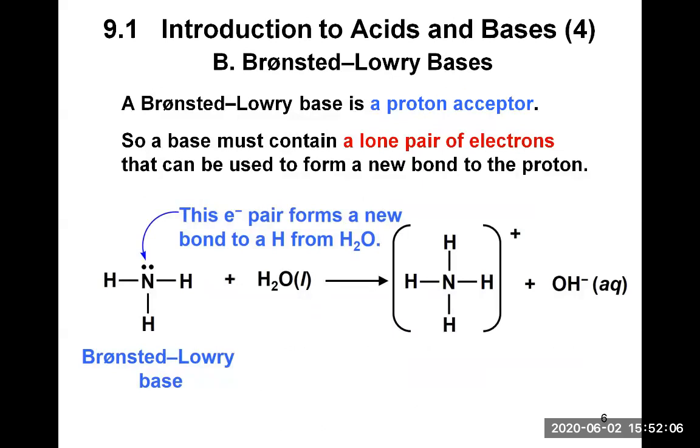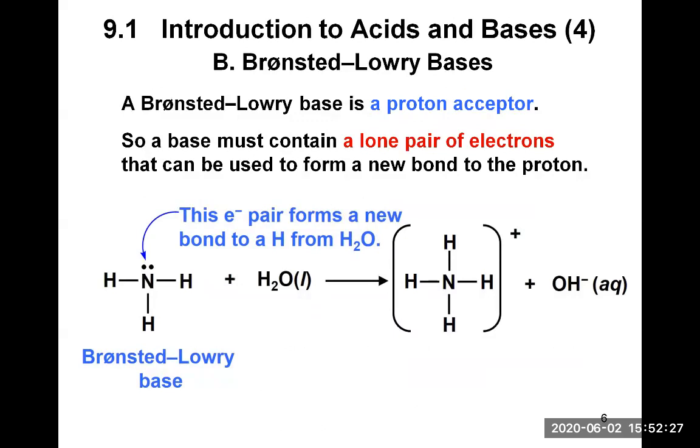So, Bronsted-Lowry bases. As we said, a Bronsted-Lowry base is a proton acceptor. To be able to accept a proton, a base must contain a lone pair of electrons. That lone pair can be used to form a new bond to the proton.